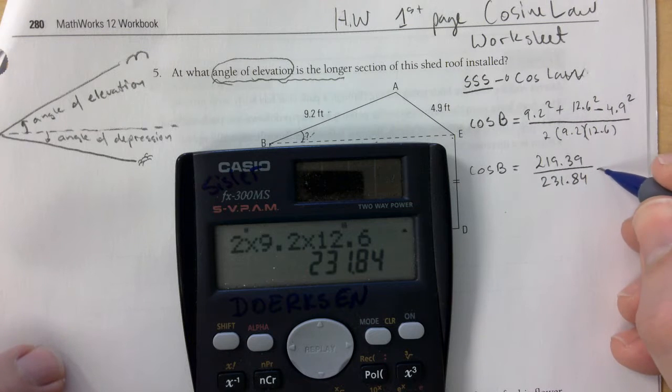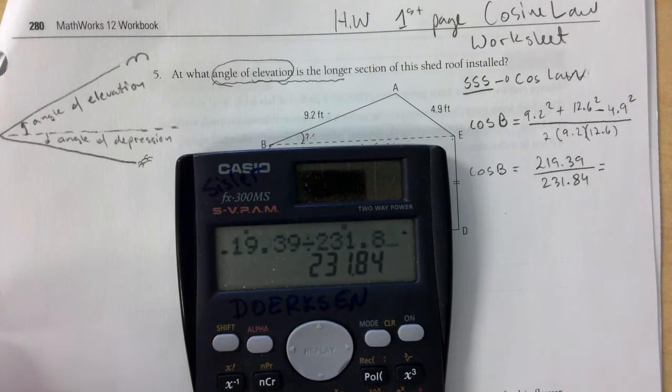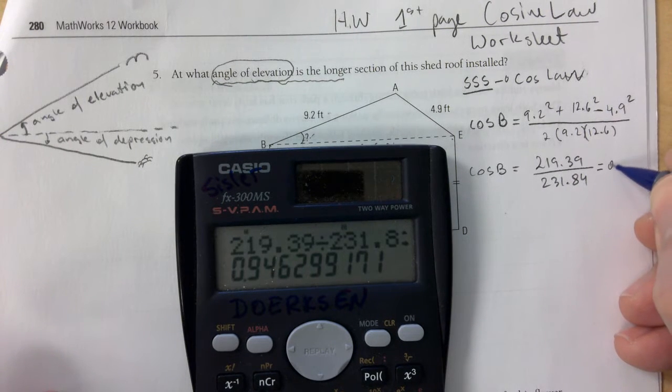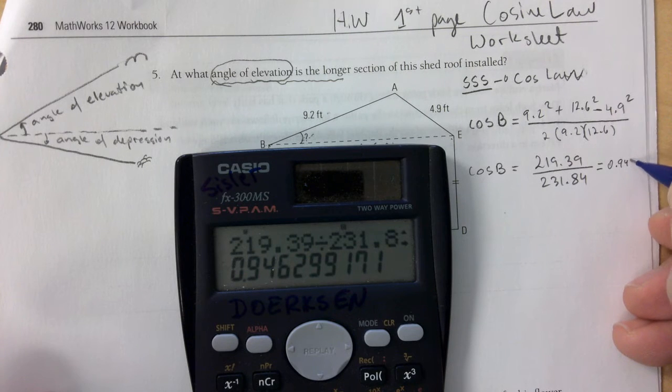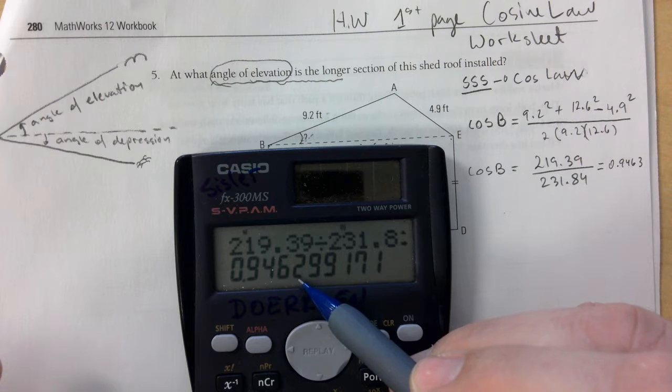I will find out what that is and have at least 4 decimals here. 419.39 divided by 231.84 is 0.9463 if I round that.